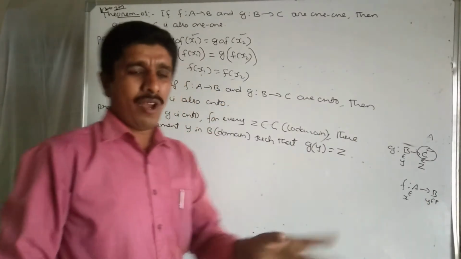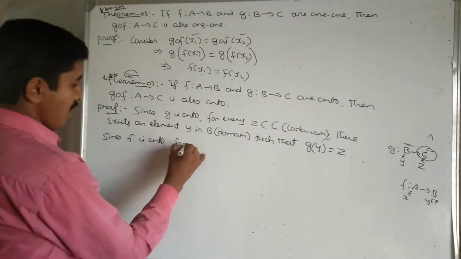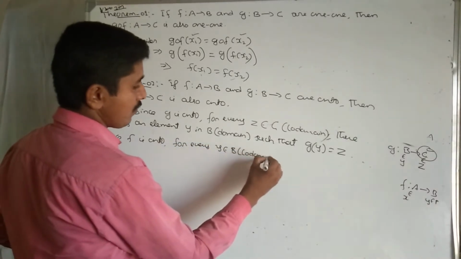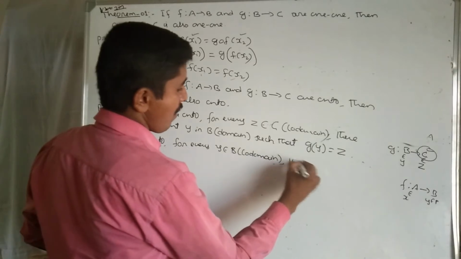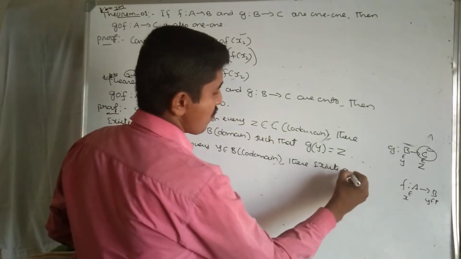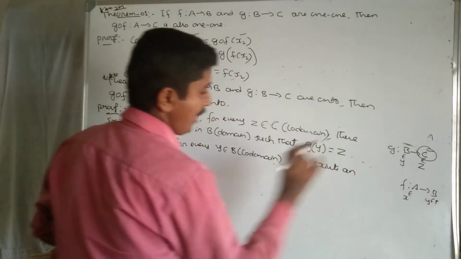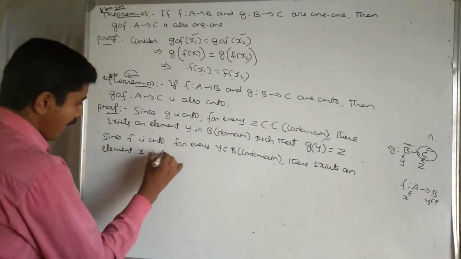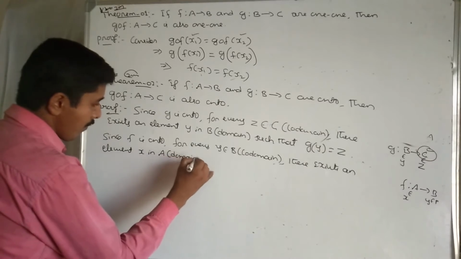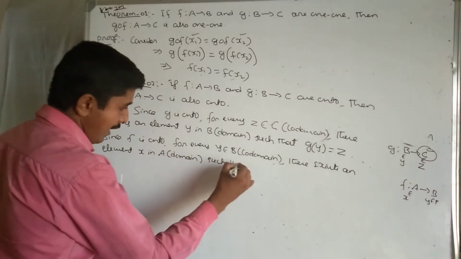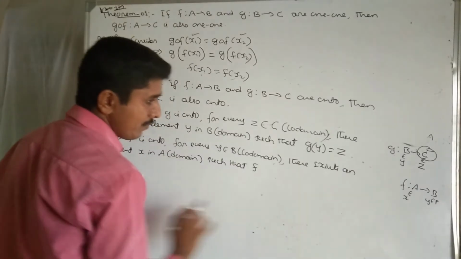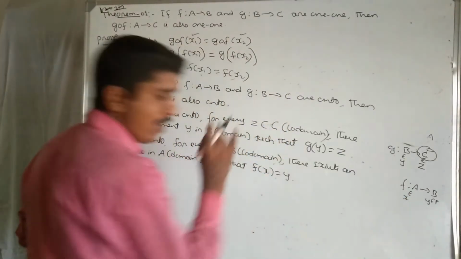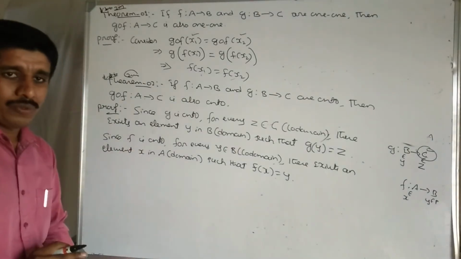For every y belongs to B, the codomain, there exists an element x in A, the domain, such that f of x equals y. That means f is onto.